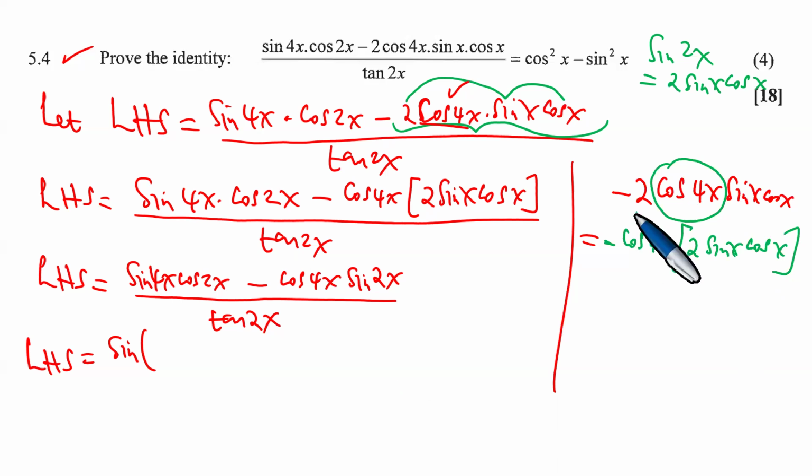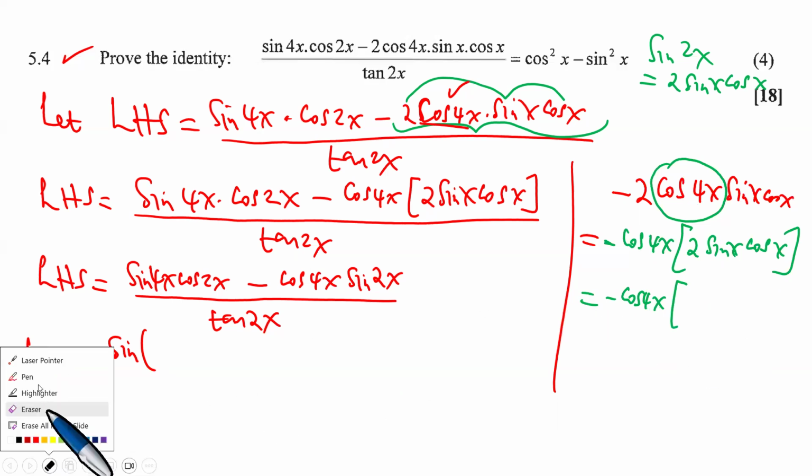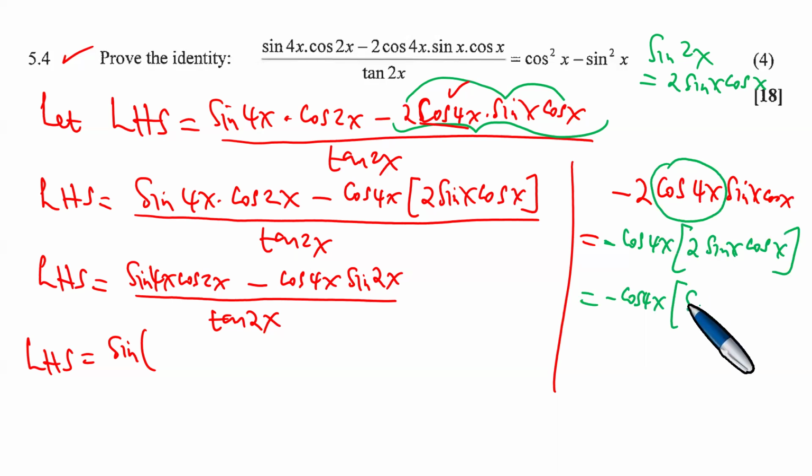So we took out minus cosine 4x, and you're left with 2 sine x cosine x, which is actually the sine of 2x. Try to think about it.